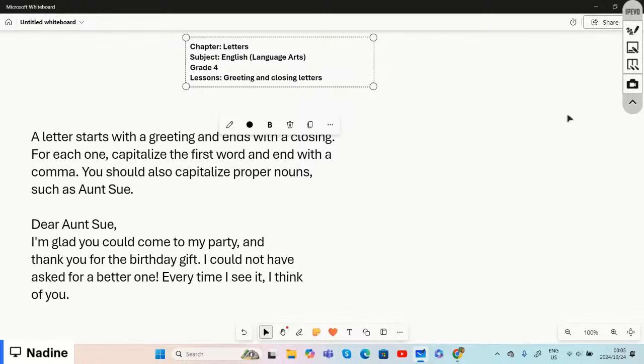We're doing grade 4. And then the lesson that we are going to be focusing on under the chapter of letters is greeting and closing letters.